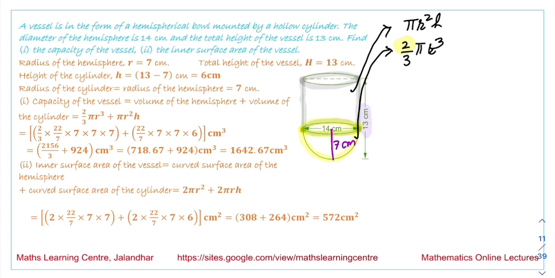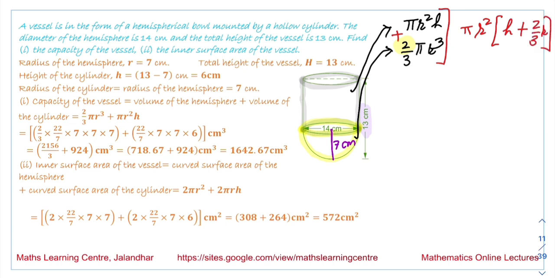For a sphere it is 4 by 3 pi r cube. So the total volume is the sum of these two. If we take pi common, the radius is the same, 7 centimeters, for both, so we take r square common. From the first we are left with h, and for the second term we are left with 2 by 3 times r.